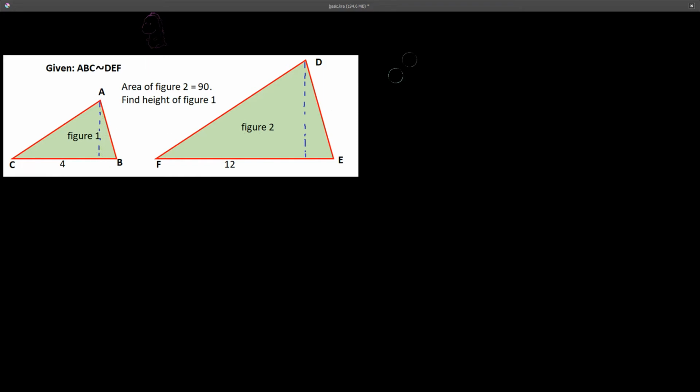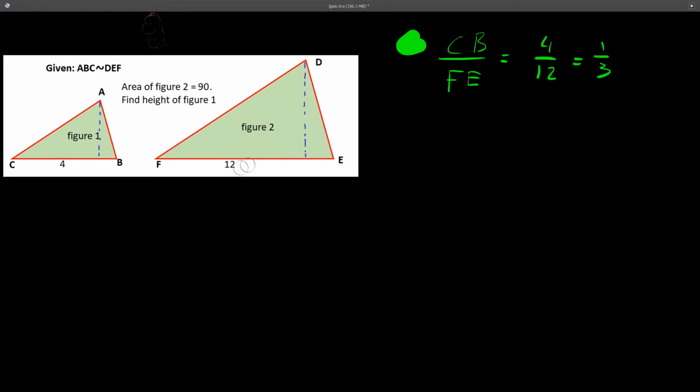Now, there are a couple ways to do this. But you have to know that the ratio of CB to FE, because they're corresponding, you can use that ratio. It's 4 to 12, which is 1/3.